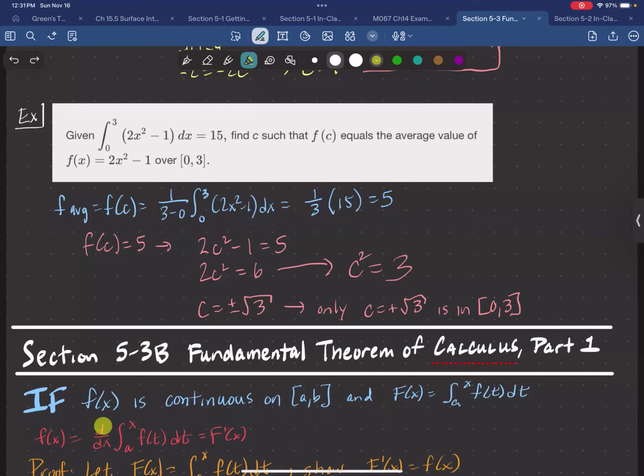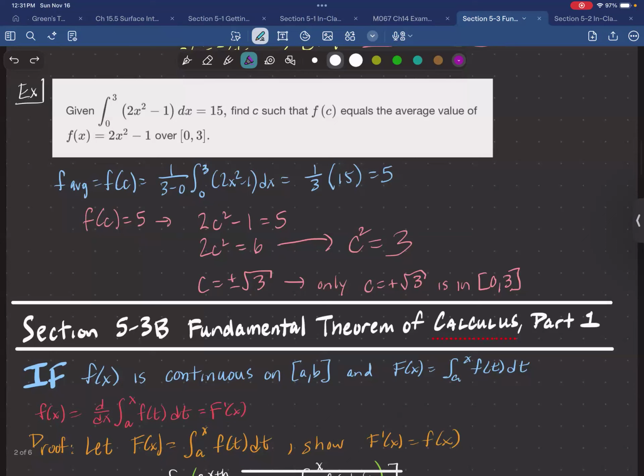Applying the derivative on something with a to x, f of t dt, equals the inner function evaluated at x. We're going to prove it real quick.